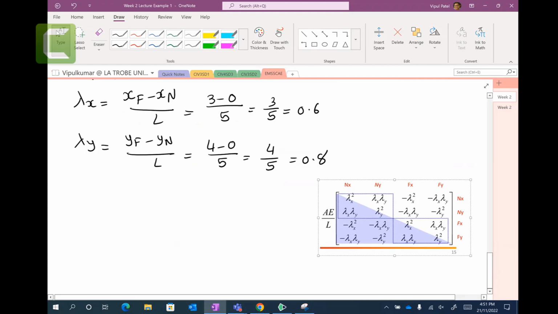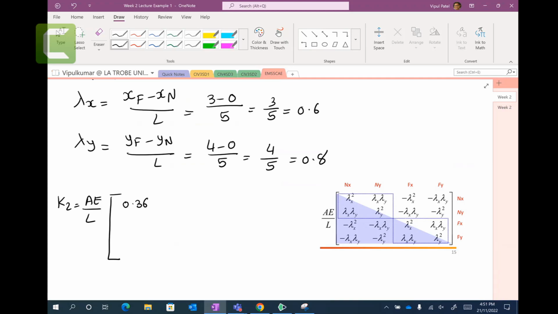All right, now let's say K2 is equal to AE on L, lambda x square, 0.6 square, meaning 0.36. Let me get my calculator close so I know what I'm doing. 0.6 square, 0.36, correct. Lambda x times lambda y, 0.6 times 0.8, 0.48.